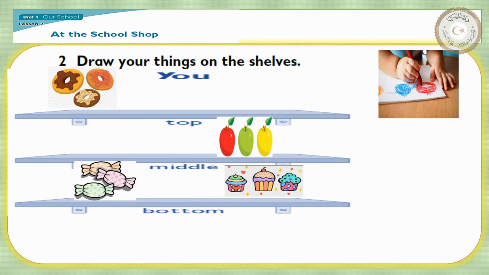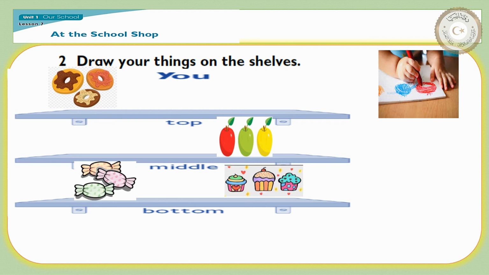So I choose the first box. What do we have in the first box? Do you still remember? We have lemonade, orange juice, cookies, sweets, apples, and cakes. So draw your things. I draw 4 things: cookies, apples, cakes, and sweets.